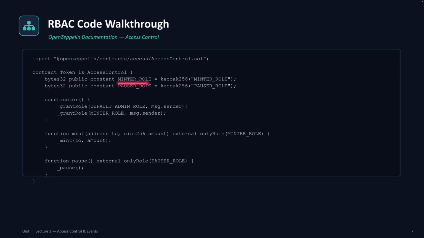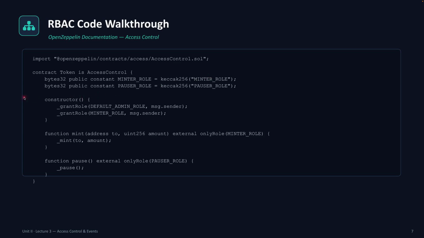First is the minter role, and second is the pauser role. How are the minter role and pauser role calculated? It's by making use of the keccak256 hash function and passing in the constant string MINTER_ROLE in case of minter and PAUSER_ROLE in case of pauser. So this returns a 32 bytes hash.